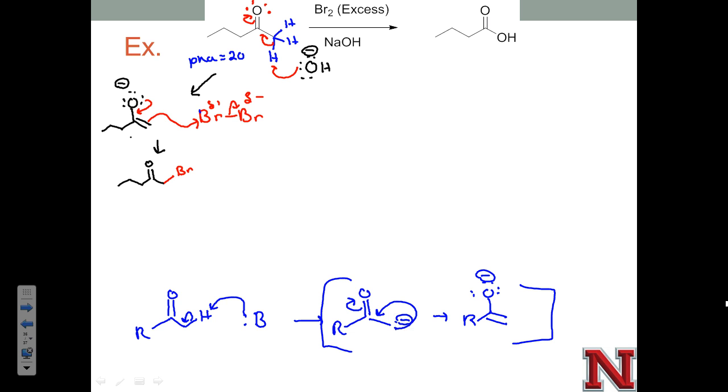It's really hard to stop here. And the reason why it's hard to stop here is, remember, base is still floating around. What can you say about these protons now and their basicity? Their acidity. Remember, what makes our negative charge more stable? Resonance, but what's the other thing?